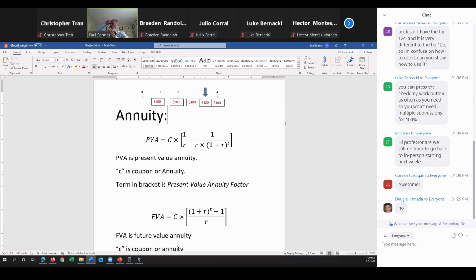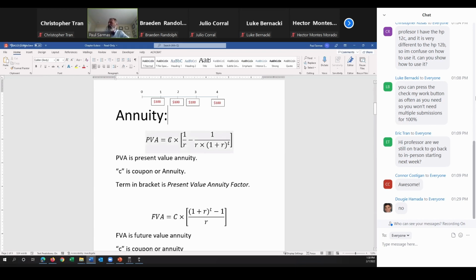So far, so good. But then you have $100 in year 3.5, and another 100 in year four. So you don't have fixed interval. You have fixed dollar amount. You have it at the end of each period, but they are not at fixed interval. So you don't have annuity, the formulas will not work. So for the formulas to work, you have to have annuity, and you have to have fixed dollar amount at fixed interval, paid or received at the end of each interval.